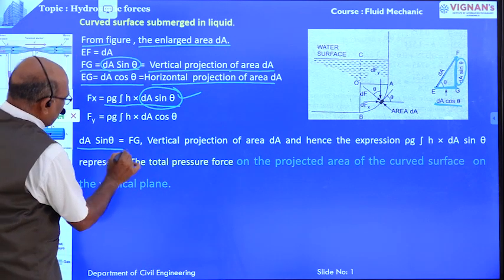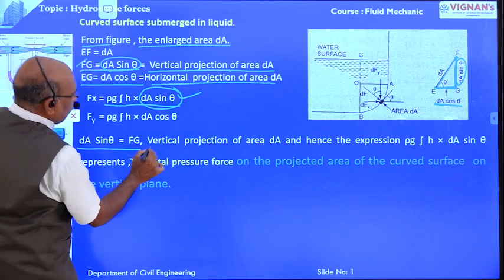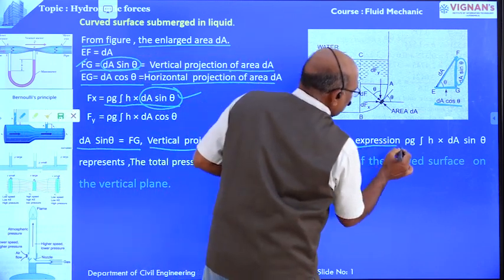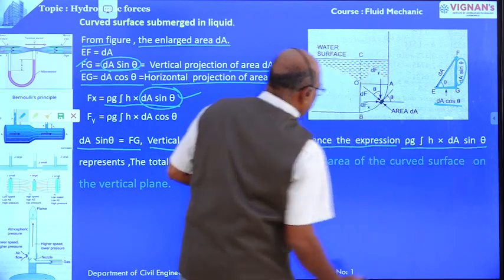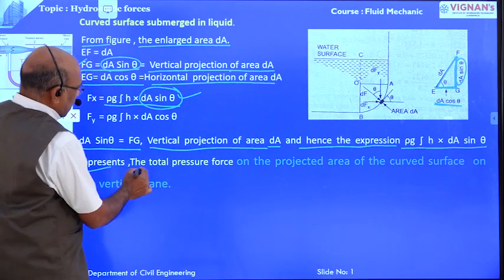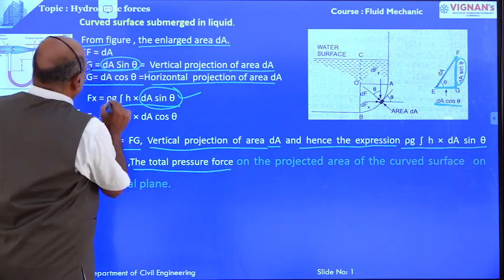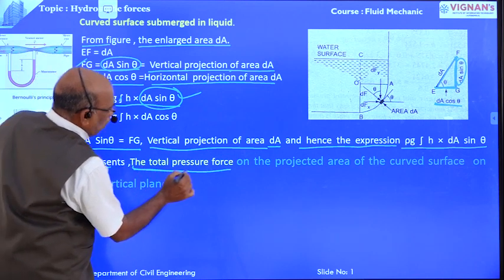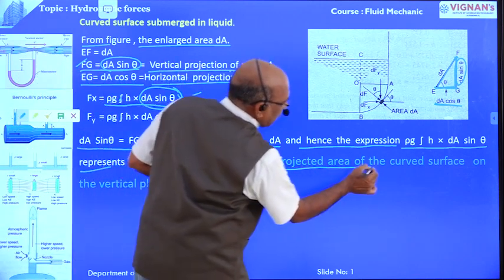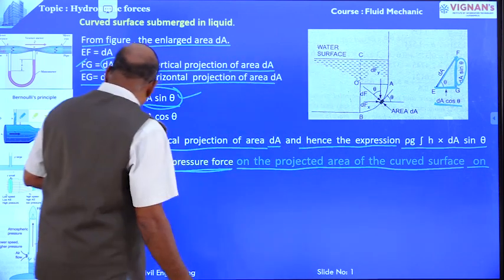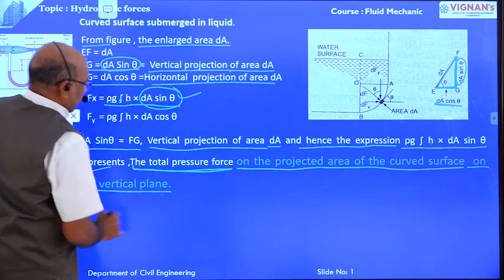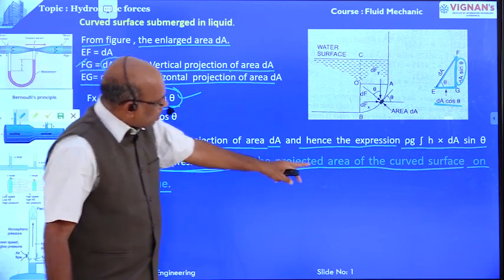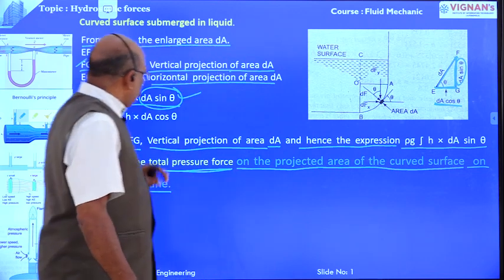Right? dA sin theta is equal to FG, that is equal to the vertical projection of area dA, and hence this expression rho g integral h dA sin theta represents the total pressure force on the projected area of the curved surface on the vertical plane. Fx is nothing but the total pressure force on the projected area of the curved surface on the vertical plane.